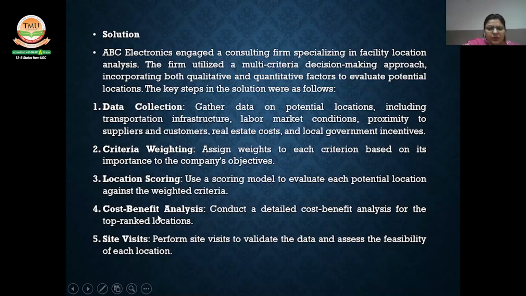Next is cost benefit analysis. Conduct a detailed cost benefit analysis for the top ranked locations. After that, they consider a site visit. Perform a site visit to validate the data and assess the feasibility of each location.